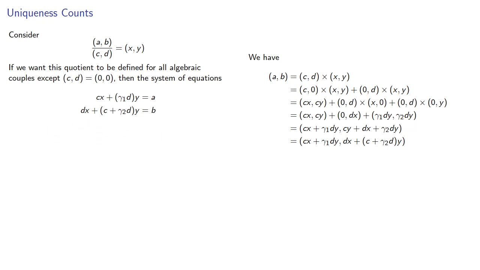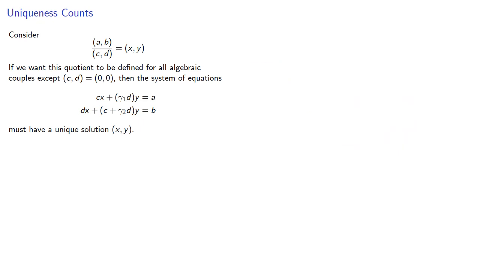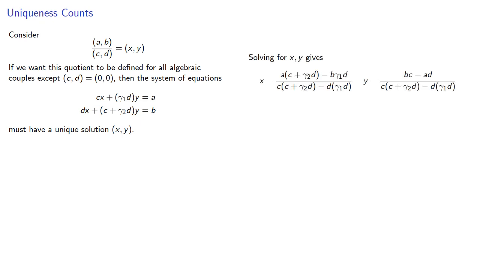And we'd like this system of equations to have a unique solution (x, y). And we find that if we try to solve this system of equations for x and y, we end up having to divide by the expression. And so we need to require that this expression not be 0.